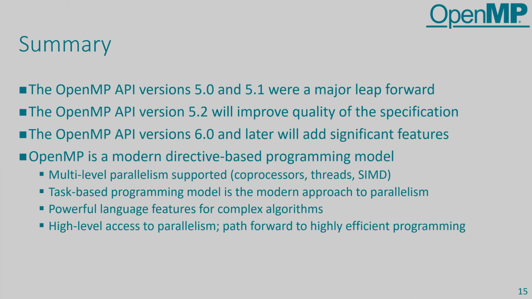We also explained that OpenMP 5.2 will improve the quality of the specification. We will clean up a bit of baggage that we accumulated in the past 2 decades and bring OpenMP in shape for the exascale era. And then OpenMP version 6 will add new significant features that Bronis already mentioned.